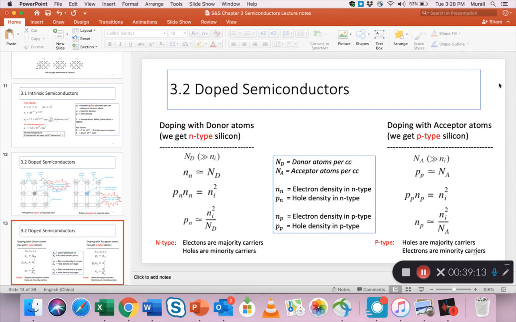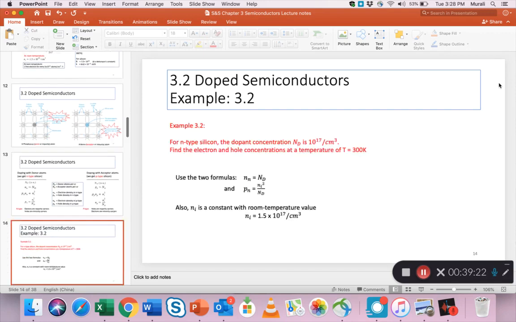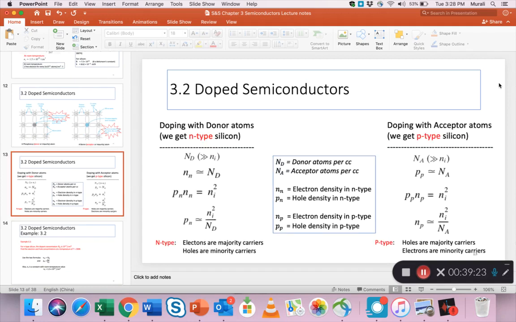I'm on slide 13. And here are a few more parameters or factors I'm introducing to get you comfortable with doping and what happens to silicon after it has been doped. So when you dope with donor atoms, we now get what is called N-type silicon, because there are a lot more N, or electrons, extra electrons.